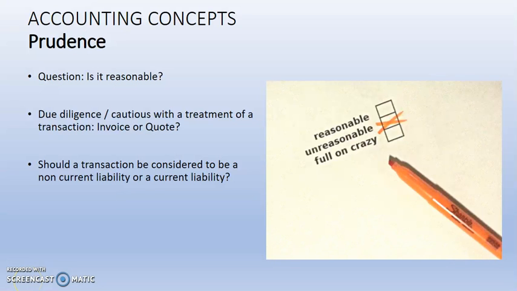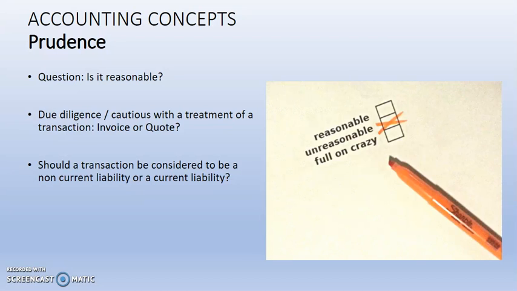So going on to the next of our accounting concepts, which is prudence. Prudence really focuses on treating the transactions with cautiousness and due diligence, and addressing the question of, is it reasonable? Is it reasonable to see this invoice as a current liability, or should it be a non-current liability?